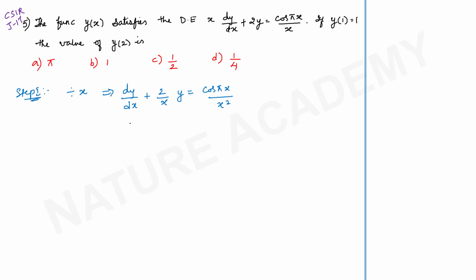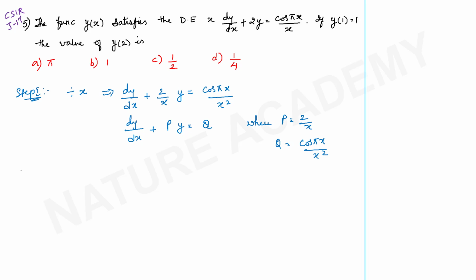Now this differential equation is in the form dy by dx plus p into y is equal to q, where p will be my 2 by x and q will be cos pi x by x square.